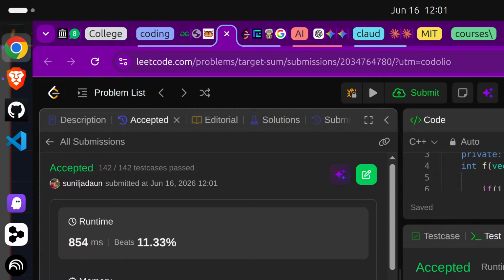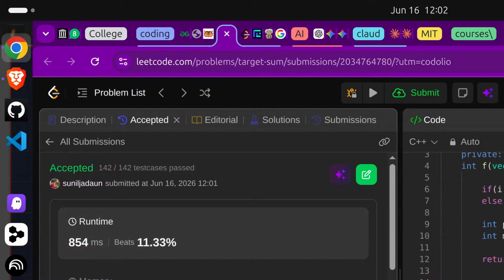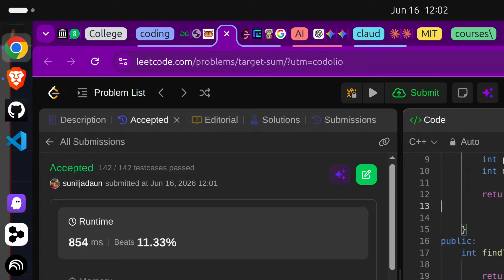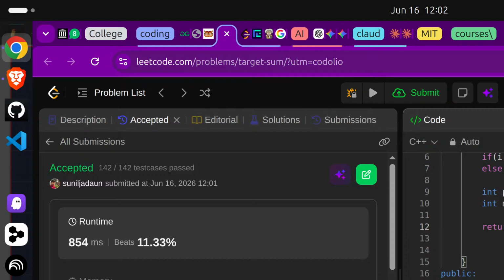Runtime memory, we are beating all of them because we are not using any memory. And i and target are changing here, guys. So how can we convert it to DP memoization? So we can convert it to memoization, because sums can go into minus also, right?